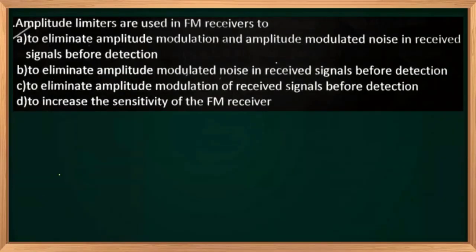Next question. Amplitude limiters are used in FM receivers to: option A, to eliminate amplitude modulation and amplitude modulated noise in received signal before detection. B, to eliminate amplitude modulated noise in received signal before detection. C, to eliminate amplitude modulation of received signal before detection. D, to increase sensitivity of FM receiver.